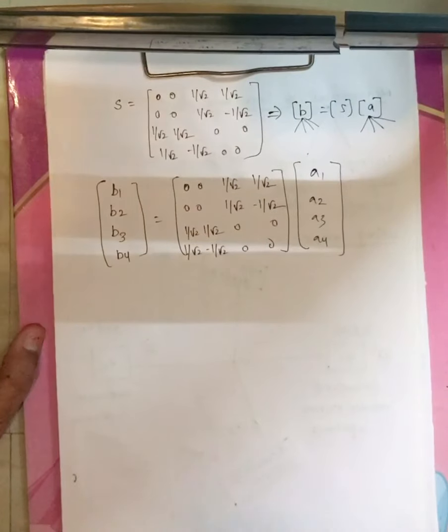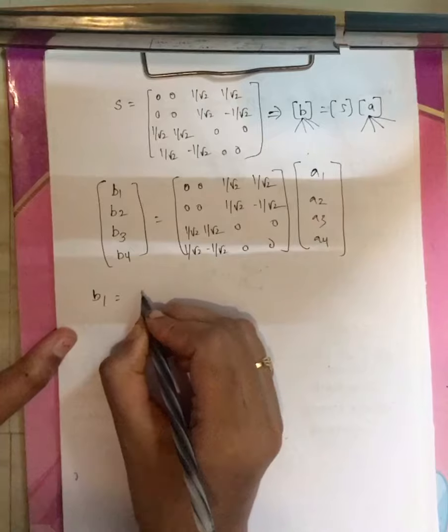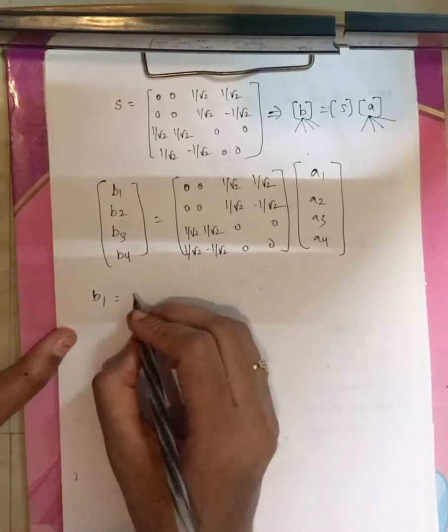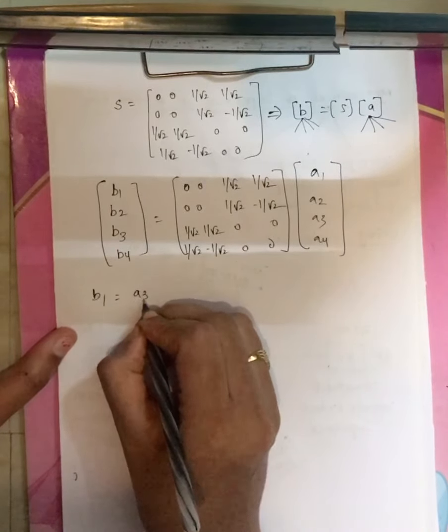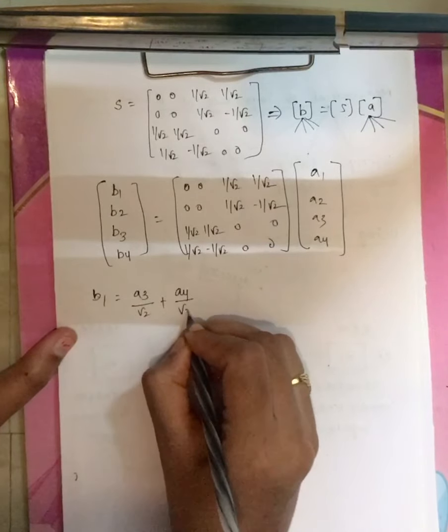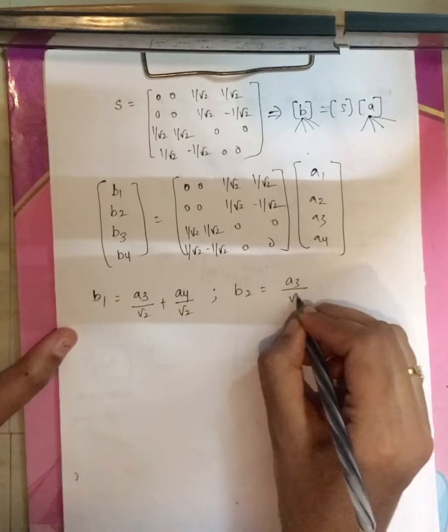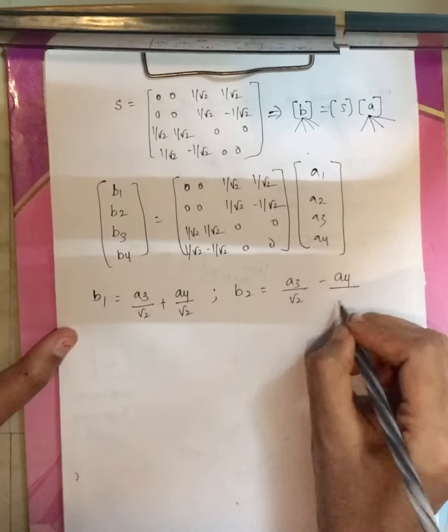Now coming to the next point. What is B1? If I multiply S with A, B1 is nothing but A3 by root 2 plus A4 by root 2, right? Similarly B2 is nothing but A3 by root 2 minus A4 by root 2.